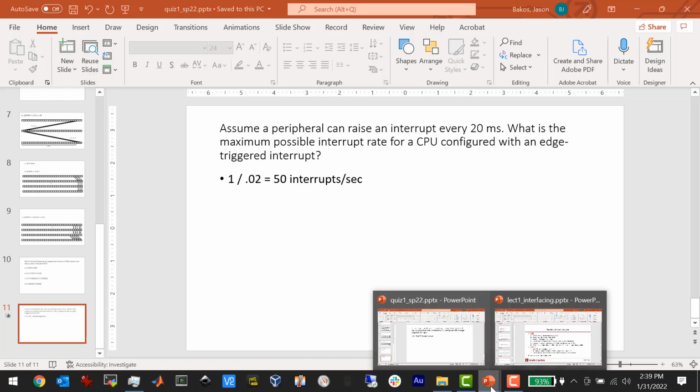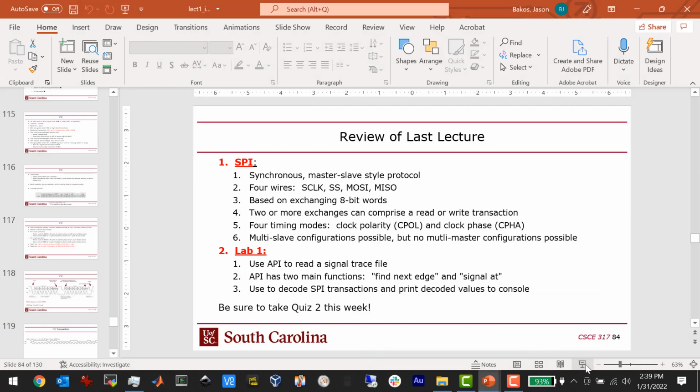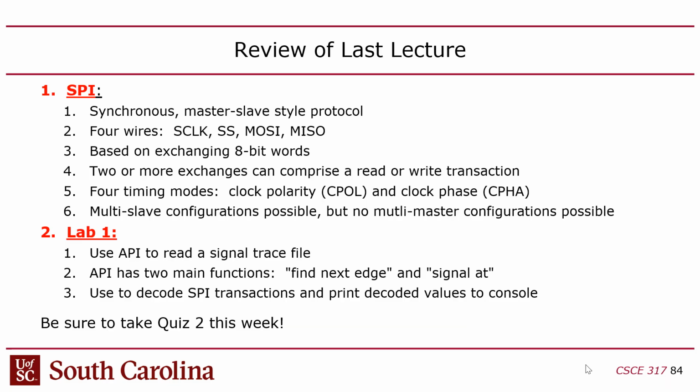Okay, so continuing on with the lecture. Last time we talked about SPI. Just to quickly review, and if you have any questions or if there's anything still unclear about SPI, please feel free to ask. SPI is a synchronous master-slave style protocol.